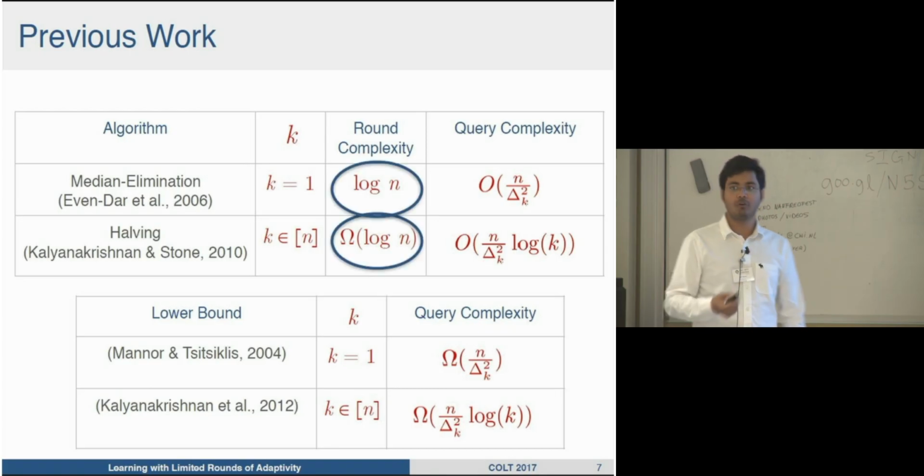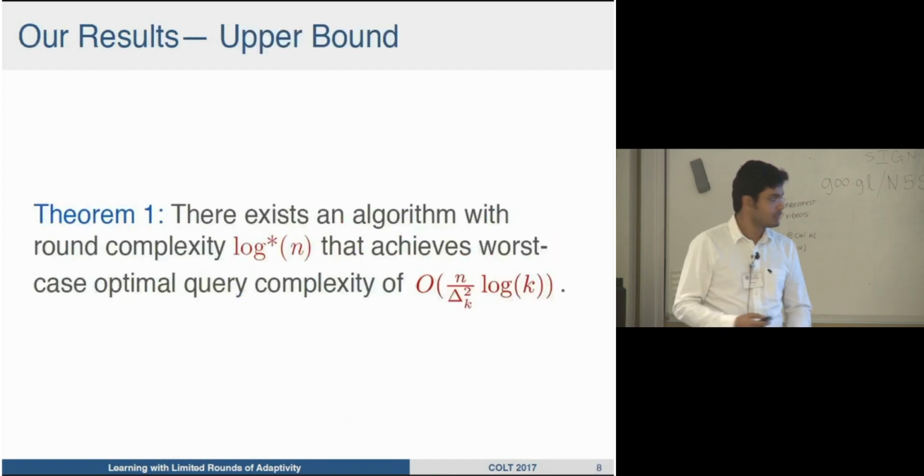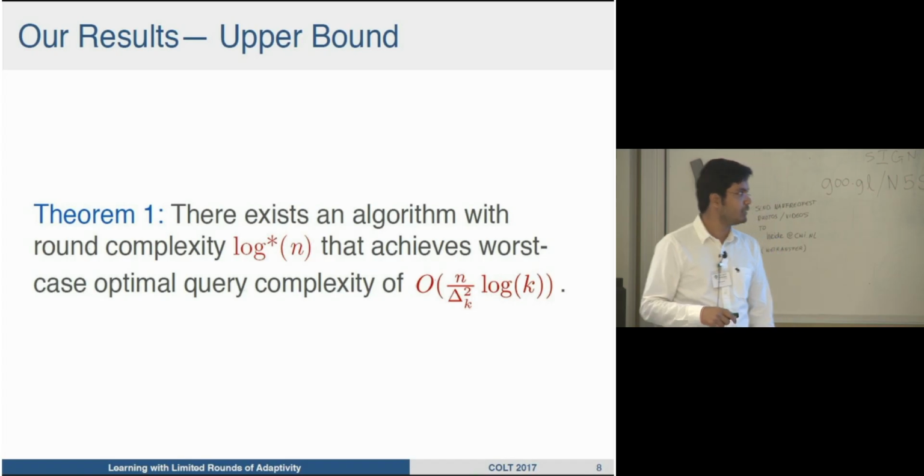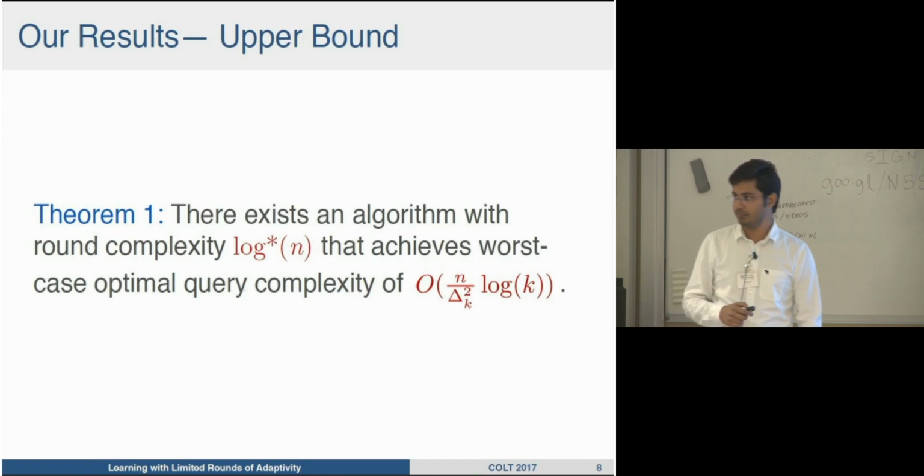But what about the round complexity? Can we reduce the round complexity of these algorithms? And the answer is yes. So our first result is an algorithm which achieves the same worst case optimal query complexity, but only uses log star n rounds of interaction.